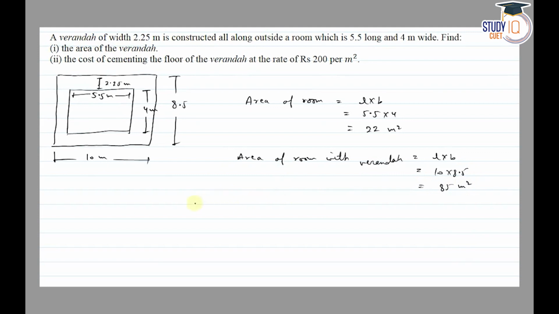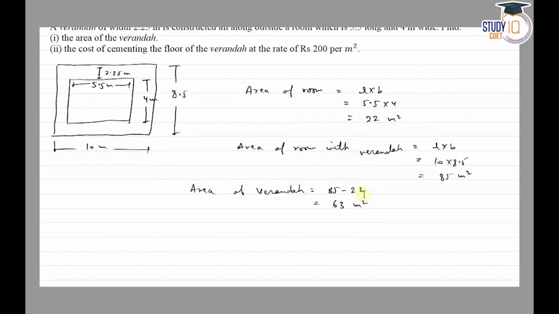So area of veranda is equal to 85 minus 22 is equal to 63 meter square.